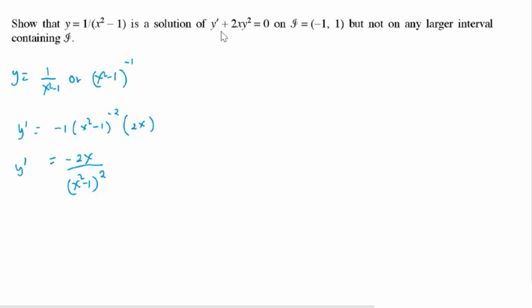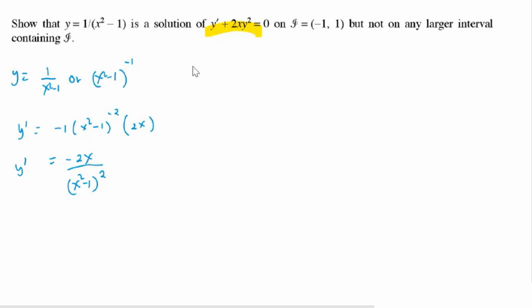Now taking a look at this equation, we have y prime plus 2xy squared is equal to 0. Meaning to say, we need only to take the first derivative. Now we are going to substitute our values of y prime and y.